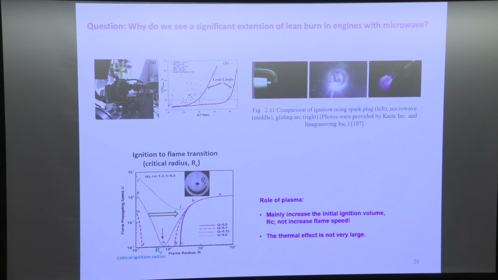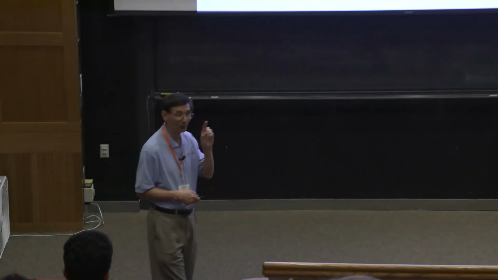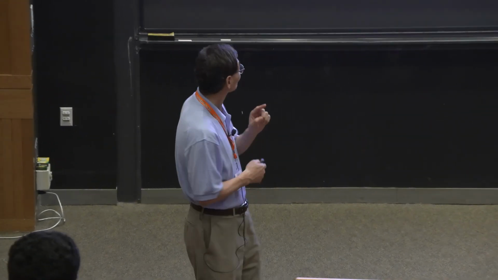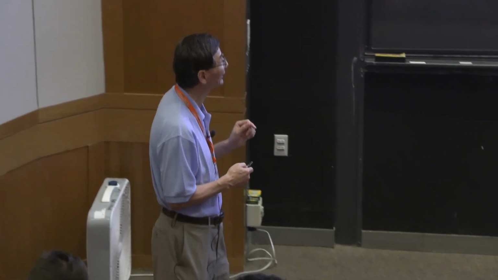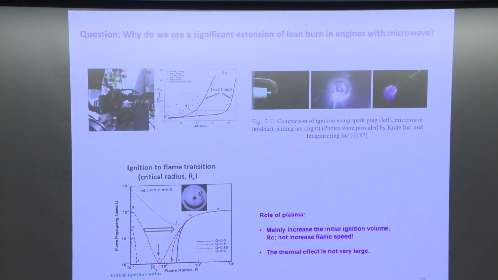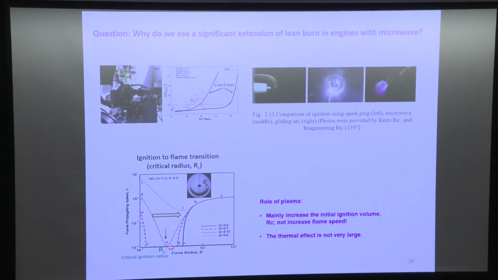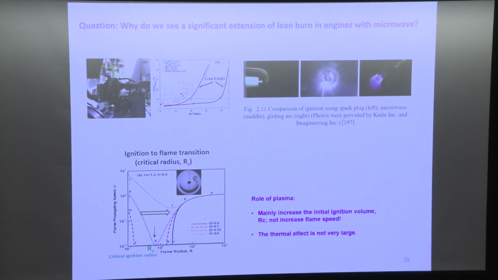So what does this figure say? This is the theory. It says one thing: even in a flammable mixture, it does not mean that you can ignite it unless you can drive the initial ignition kernel past this critical ignition radius.